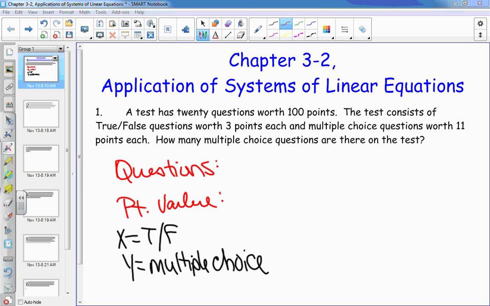Think of yourself at the checkout line, putting things on the conveyor belt, okay? I have my true and false questions, and I can see them going down the conveyor belt. Beep, beep, beep. You with me? Now I have all my true and false questions and all my multiple choice questions, and all of those together have to equal how many questions? 20 questions. So what's my first equation?